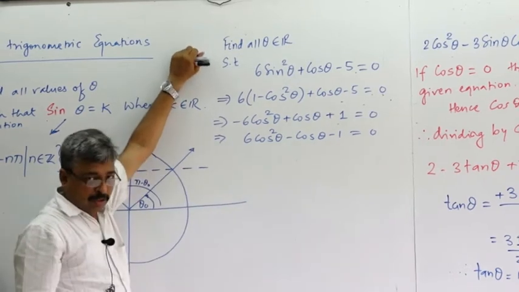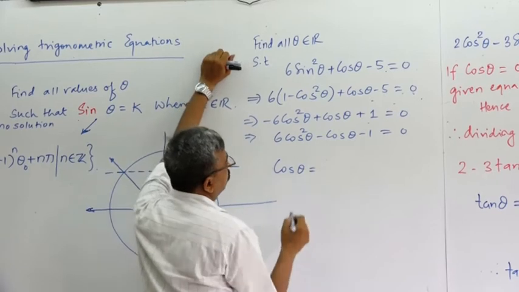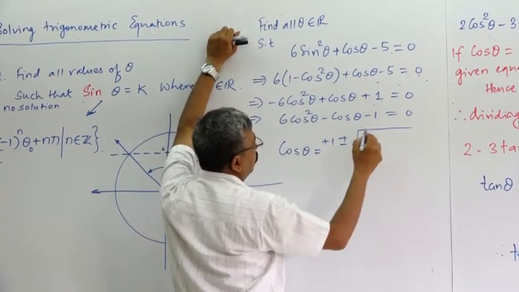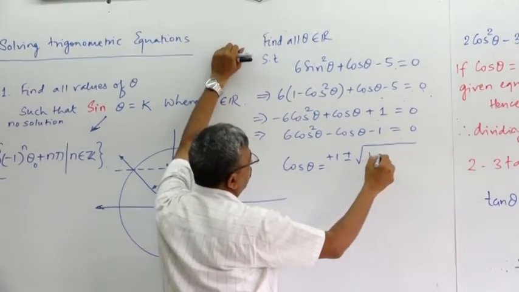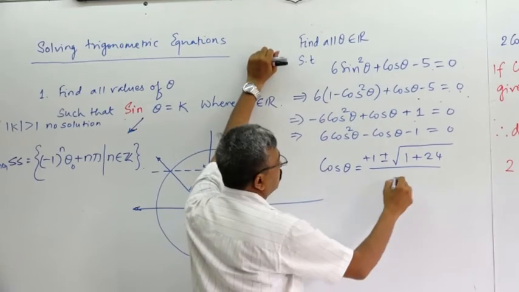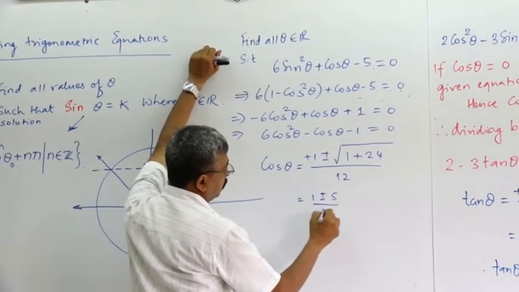Now this is quadratic in cos theta. Therefore, cos theta is equal to 1 plus minus under root 1 plus 24 divided by 12, which is equal to 1 plus minus 5 upon 12.